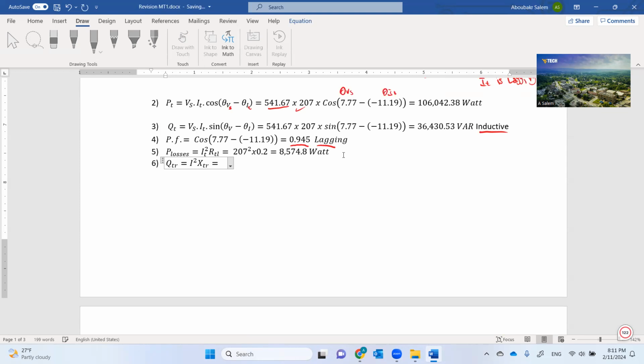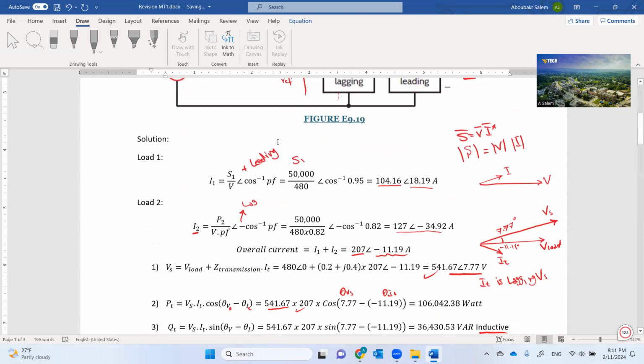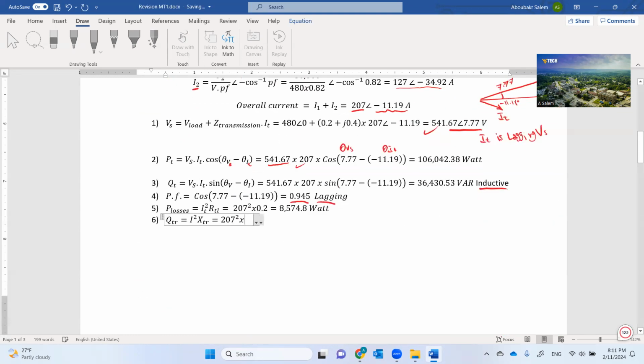So this is going to be, guys, the same current again, 207 to the power 2, times the value of reactance of our transmission line, which is 0.4. So this is going to be the reactive power across this load.